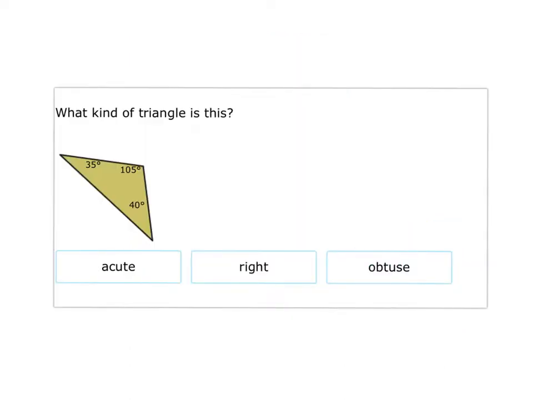And I really like these questions when they give you the actual measurement of each angle. Then you have to think about what measurements make acute, right, and obtuse. Well, I know a right angle is exactly 90 degrees, and none of these are exactly 90 degrees. So this is not a right triangle. I'm down to acute or obtuse.